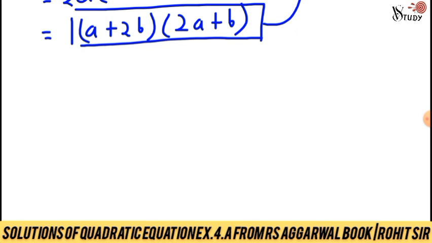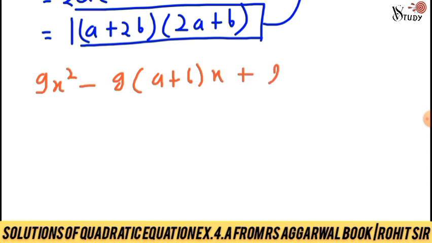Now write 9x square negative 9 into a plus b into x plus a plus 2b into 2a plus b is equal to 0.